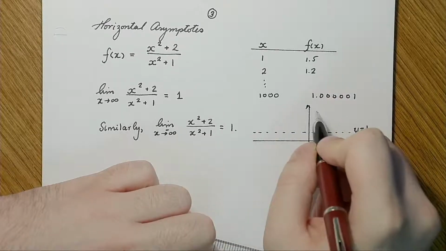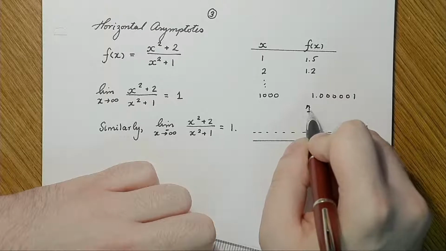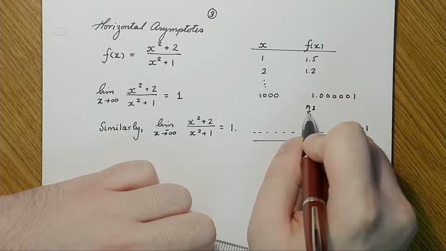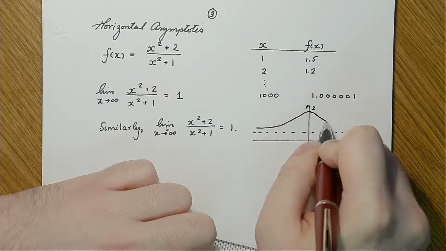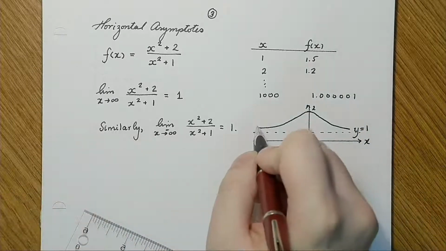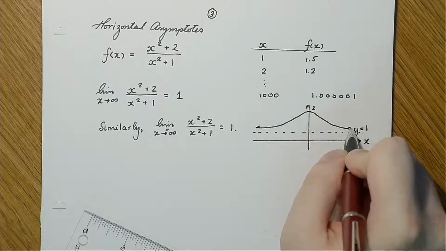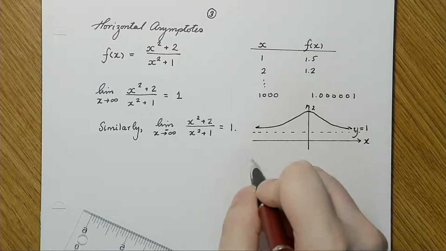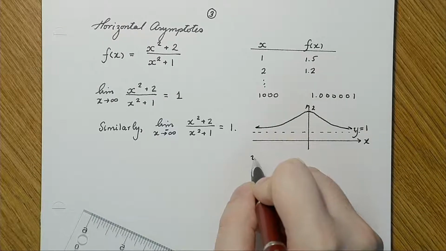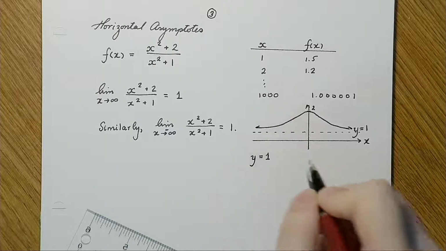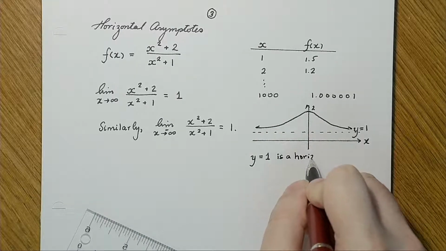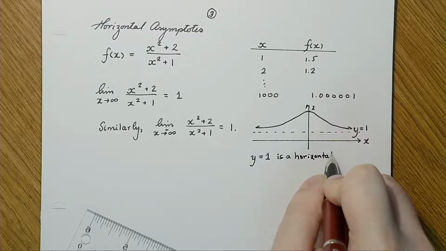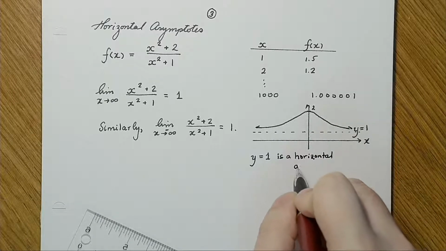And so it kind of does something around 2. So there's my point 2 here. And it goes like that. Okay. So in this case, y equals 1 is a horizontal asymptote.